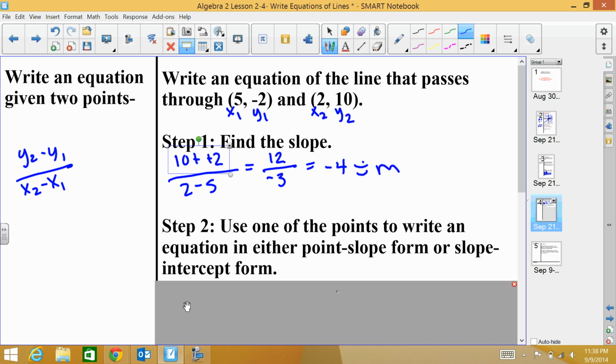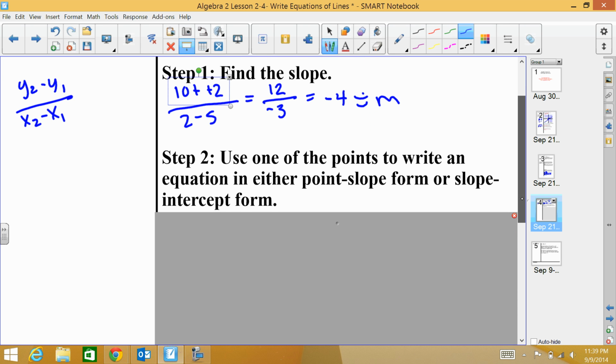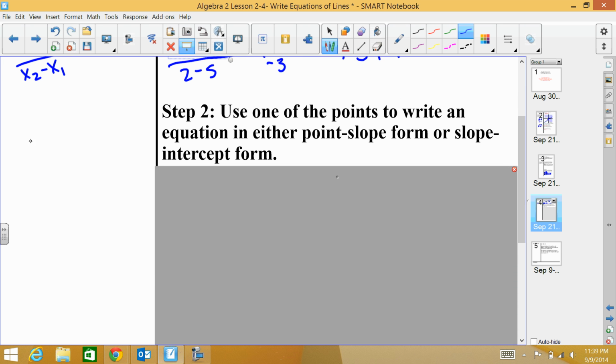I'm going to use (2, 10) just because those numbers are positive, so I feel like that makes it a little easier for me. So I'm using the point (2, 10) and my slope is -4.